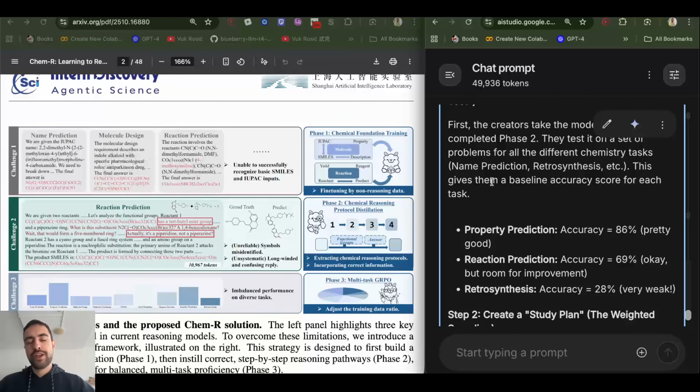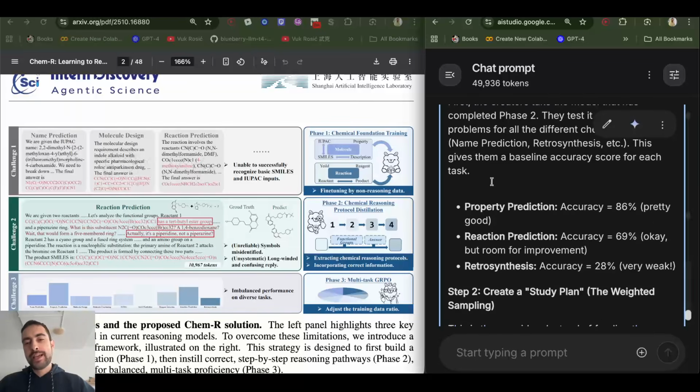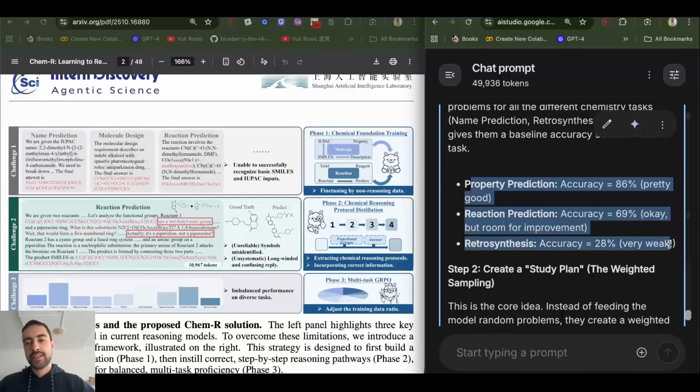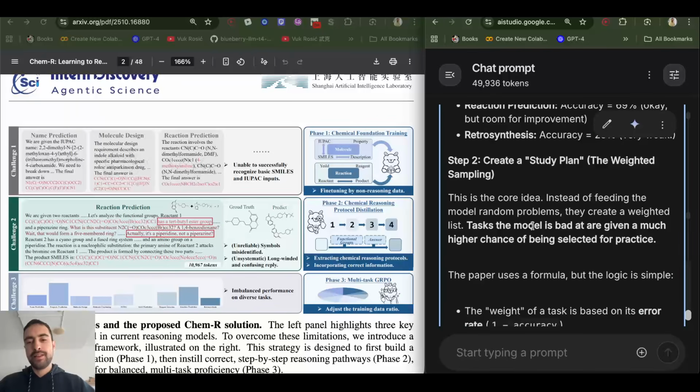But they don't train on any type of problem with equal likelihood. They find which problems are more difficult for the LLM and train on those more. They can just classify where the accuracy is very low versus very high, and then in the study plan, the low accuracy problems get a higher chance of being selected and trained on.